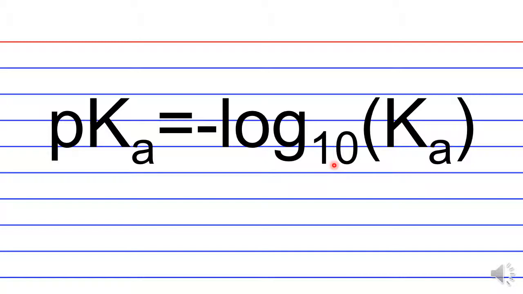Two things to keep in mind: it's a negative log, so don't forget the negative, and it's base 10. So you're asking the question, for this number, what power do you have to raise 10 to in order to get the magnitude of the Ka?